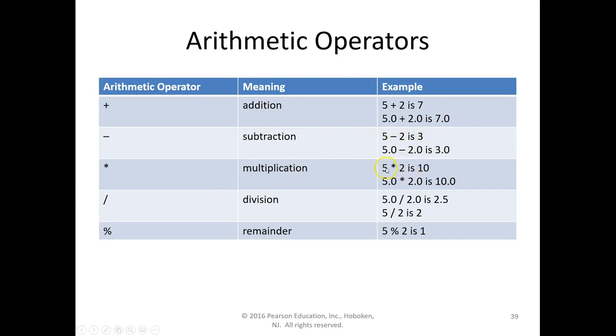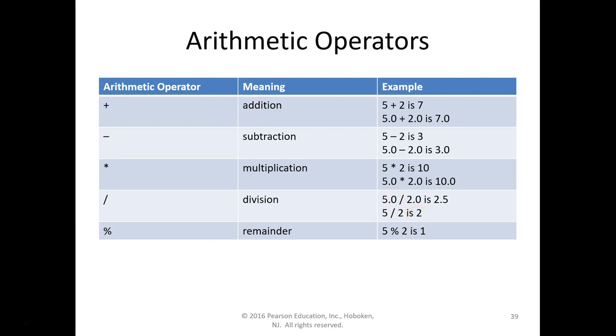Multiplication is the same thing. 5 times 2 is 10. 5.0 times 2.0 if you define in decimal. This is division. If you divide 5.0 divided by 2.0 is 2.5. That's why you have to be careful. If you want to see the decimal value, you have to make sure that you put .0 here. Otherwise, if you divide 5 by 2, it's going to give you 2. It's not going to give you a decimal value.